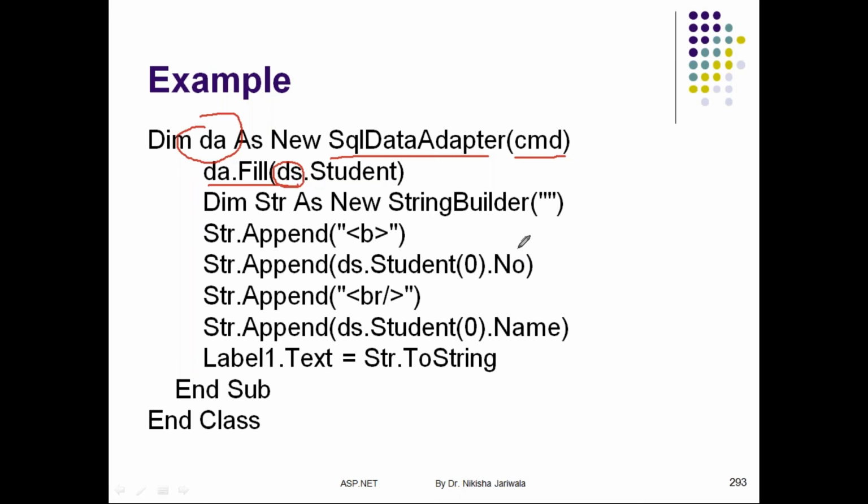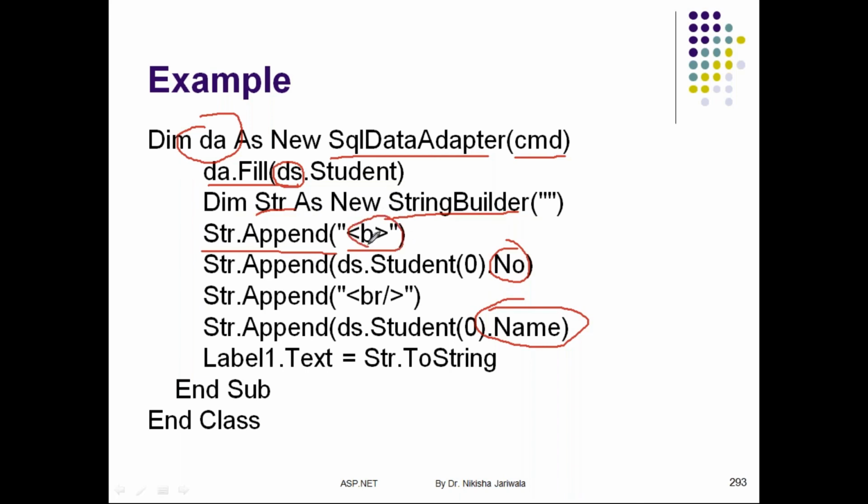After that, I want to retrieve number and name from that typed dataset, right? So I have used the object of the StringBuilder class. This also we have seen in VB.NET, right? So the same we have done over here. I have created the object of the StringBuilder class, that is str, right? Within str I have appended the b tag, that is the bold tag, right?